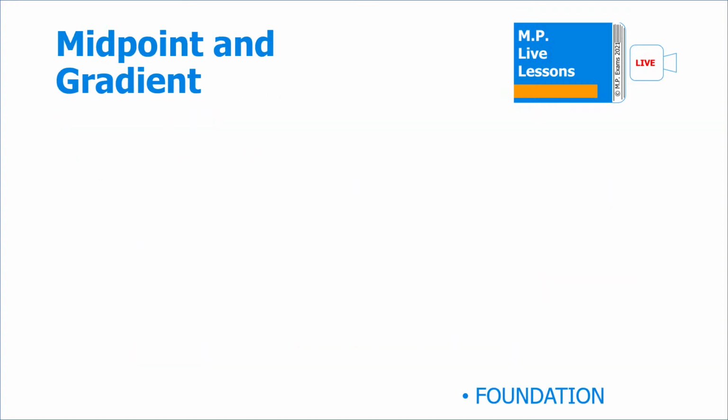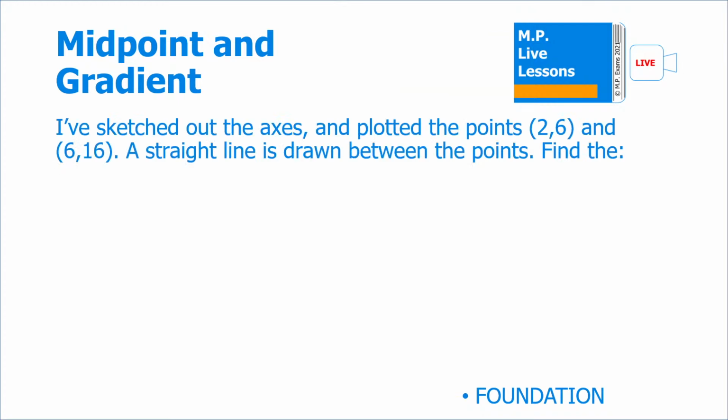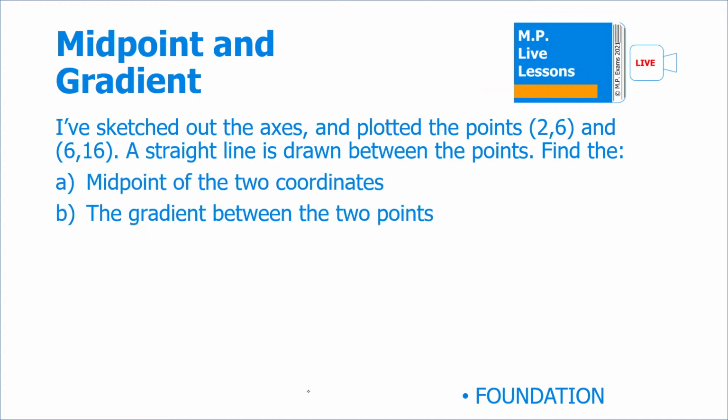Now for foundation tier, for some algebra, you'll need to know the gradient and midpoint. So I've sketched out the axes and drawn the points 2, 6 and 6, 16. A straight line is drawn between the points, and I want you to find the midpoint of the two coordinates and the gradient of the two points. So I sketch these out.